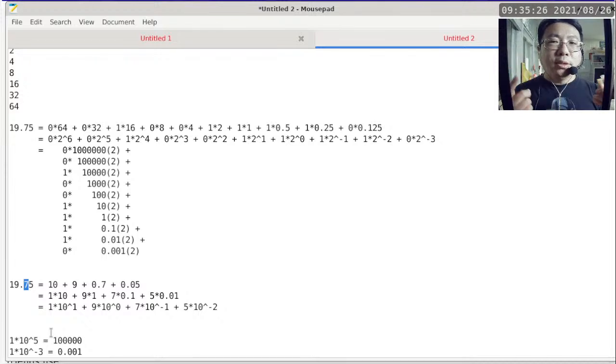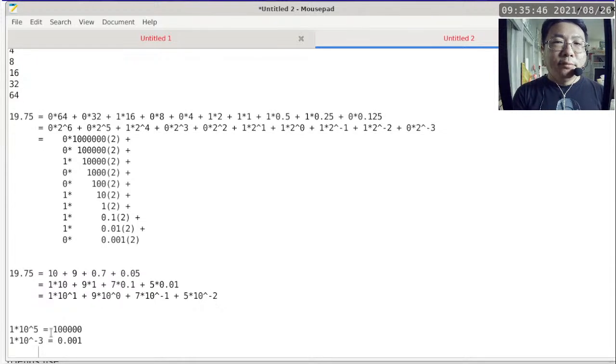Well, the quantity or the unit is based on the position. So this particular digit has a position of one place to the right hand side of the decimal point. So it is responsible to tell us how many 10 to the power of negative 1s we have. What about the 5? Well, the 5 is right next to it. So this 5 is telling us the quantity of 10 to the power of negative 2.